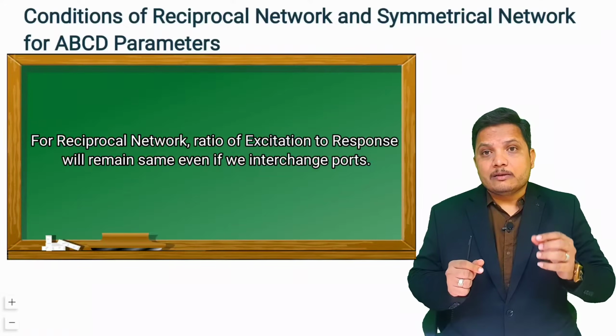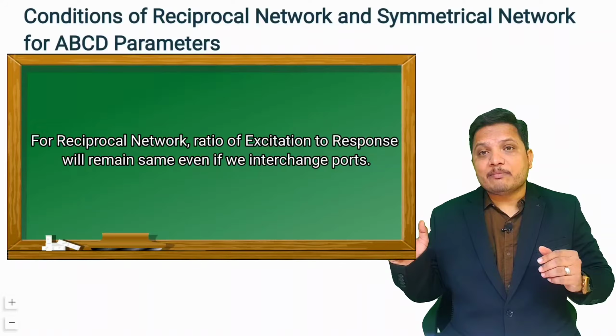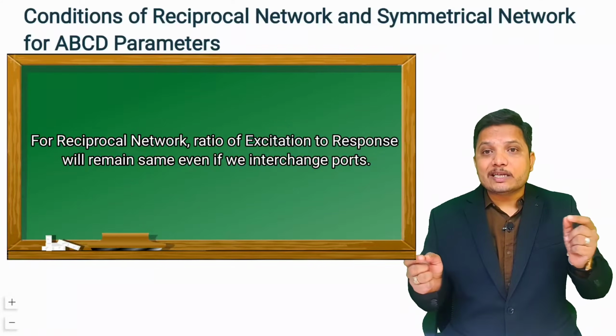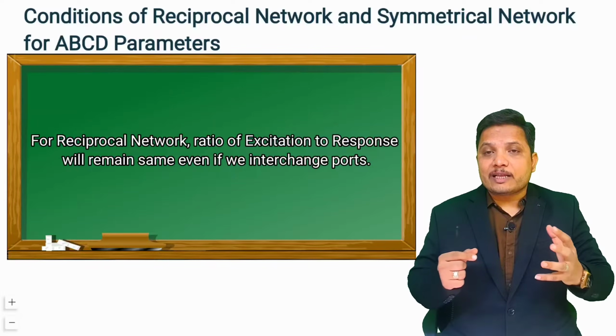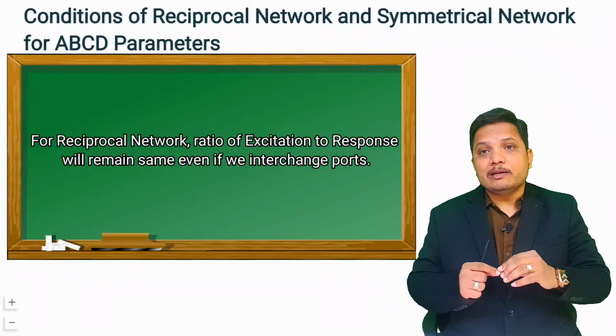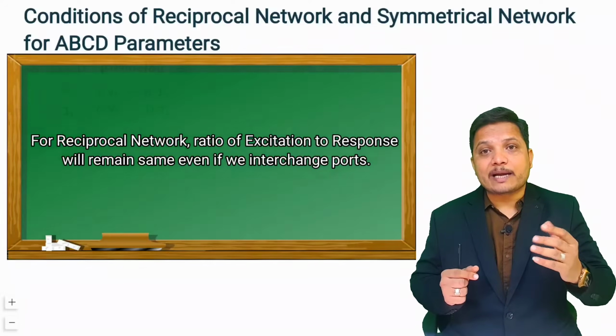So if you apply excitation at port 1 and see the response at port 2, and then interchange the ports, the ratio of excitation to response will remain the same. Let me write this definition first. After that, I'll explain it practically.